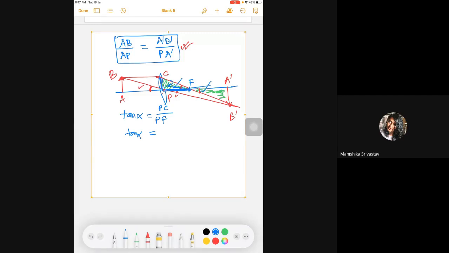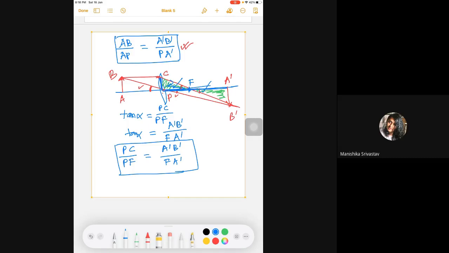So we are getting A dash B dash by this particular distance FA dash. Now again if we equate, PC by PF equals A dash B dash by FA dash. So this is another relation we got from these two triangles.